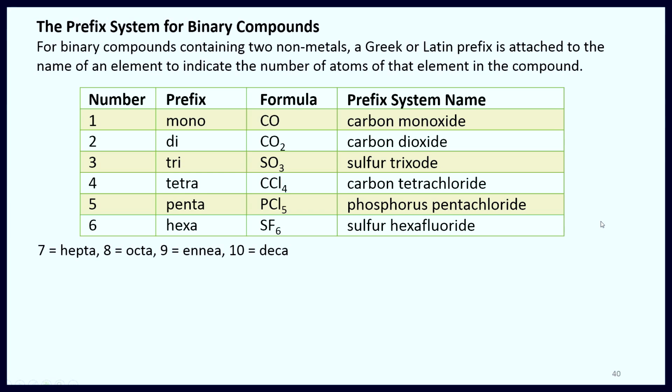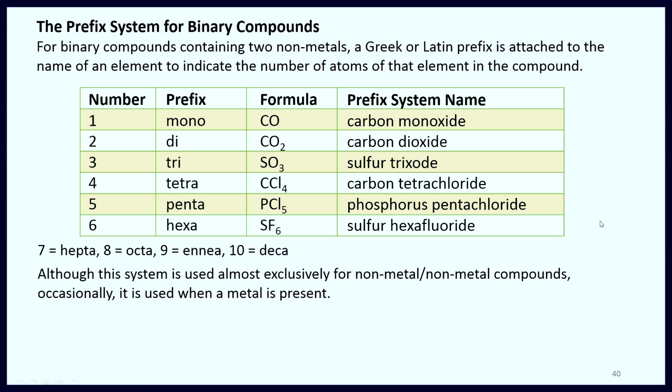Now I have to refine this formula a little bit further. Although the system is used almost exclusively for non-metal compounds, occasionally it is used when a metal is present. Now, very important here, we attach a prefix to the second atom in the formula always.